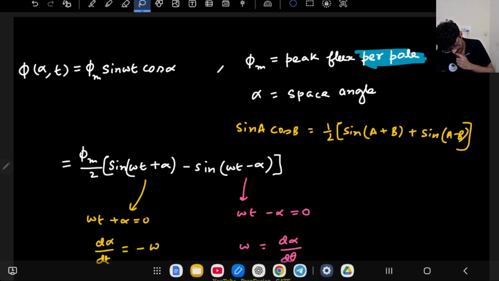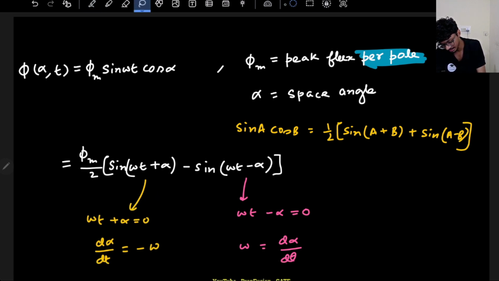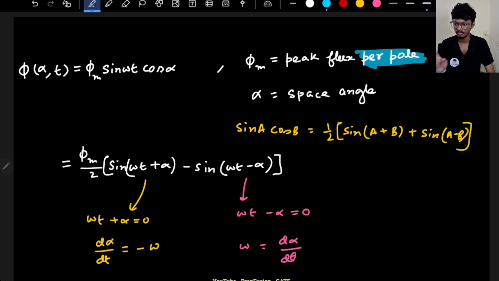So basically what I understand is that I am getting a combination of two rotating magnetic fields which are rotating at a speed of omega only, but one is rotating clockwise and the other is rotating anti-clockwise.